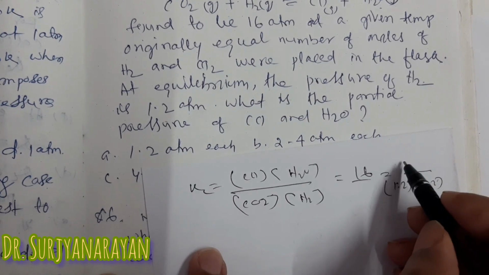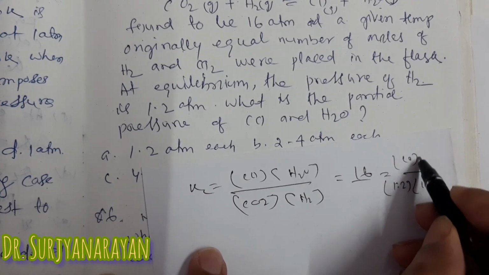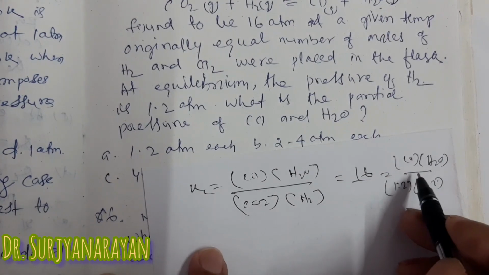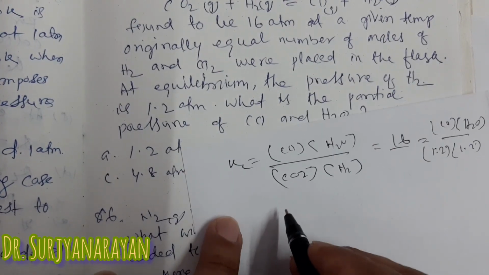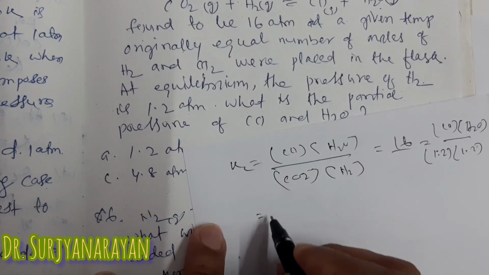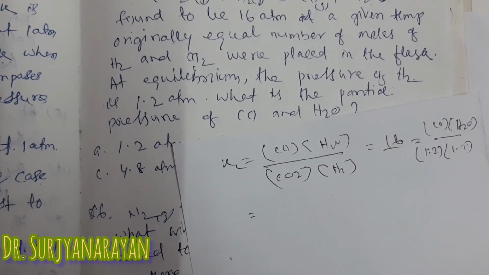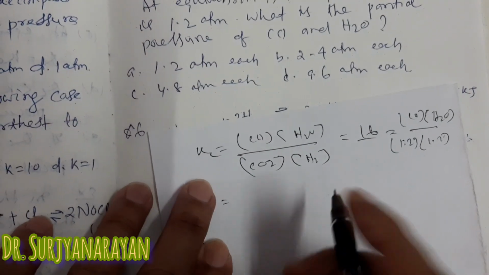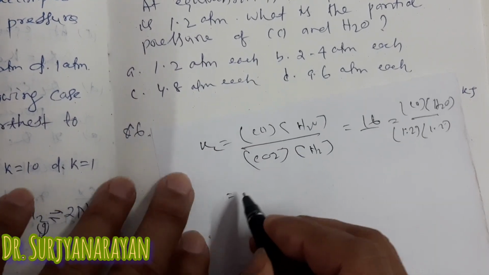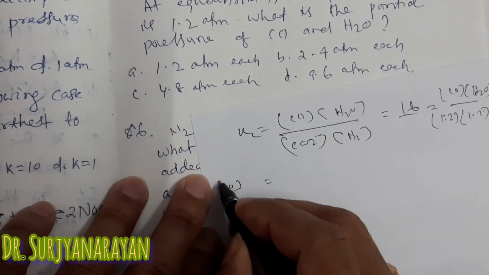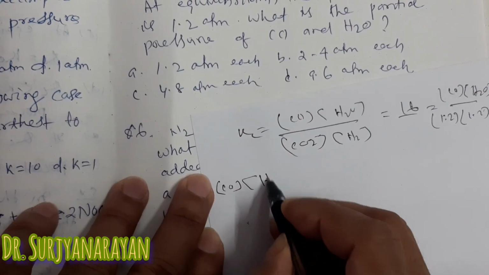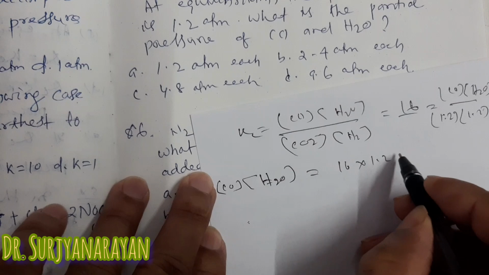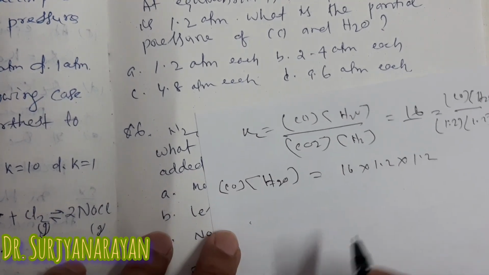Here the CO and H2O partial pressure is asked. So putting this value, you will get CO times H2O as 16 multiplied by 1.2 multiplied by 1.2.